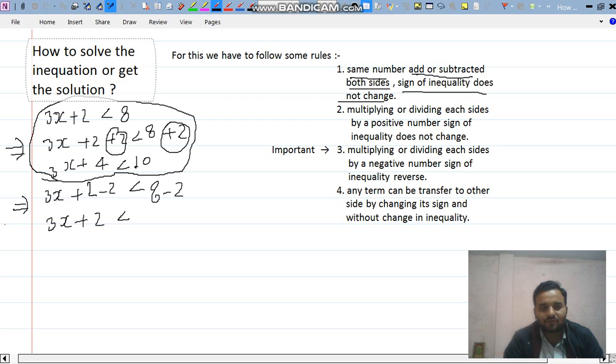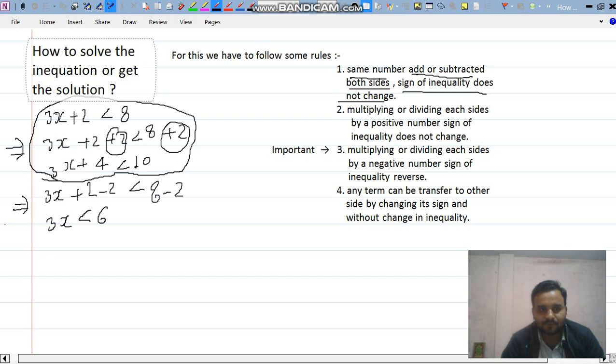So 2 minus 2 becomes 0, and 8 minus 2 is equal to 6. Okay, 3x is less than 6. So this way we solve it, and you got the first point.